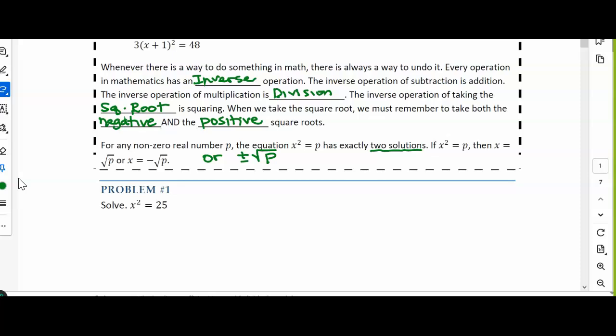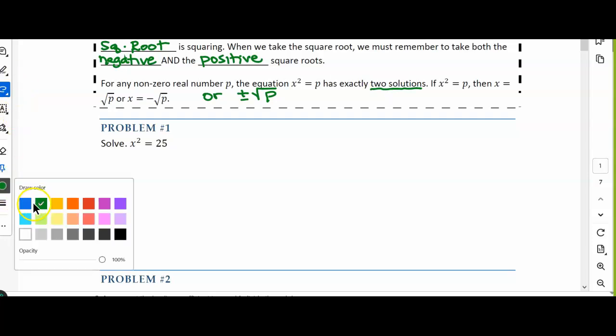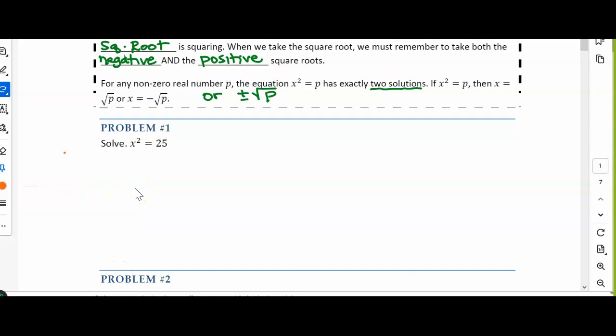Okay, so on this first one, if I'm going to use the square root property to solve this, then I need to take the square root of both sides because I'm trying to solve for x, but we've got this square. So to undo squaring, I'll take the square root of both sides.